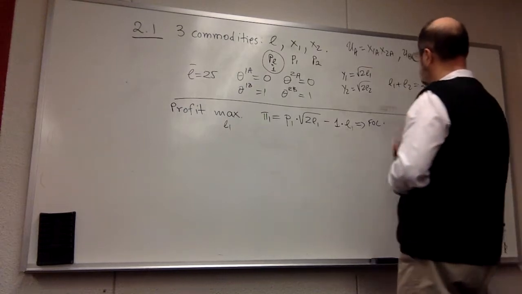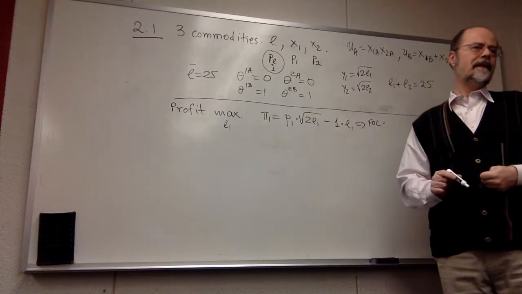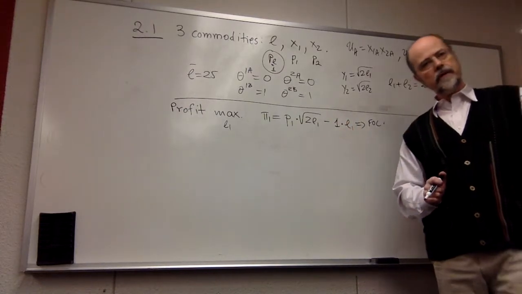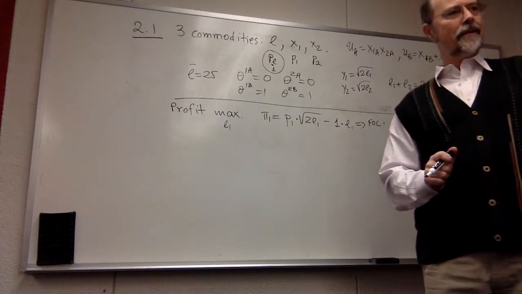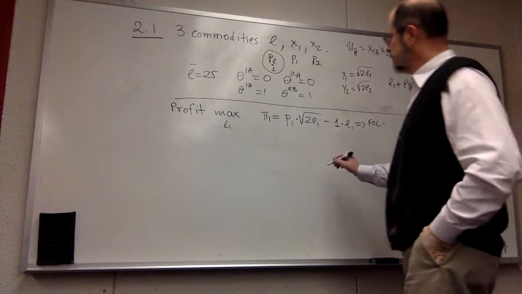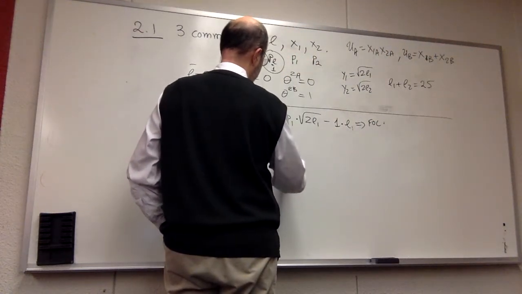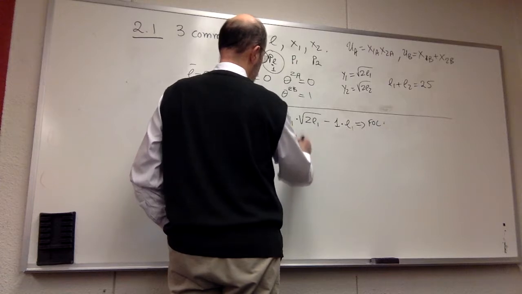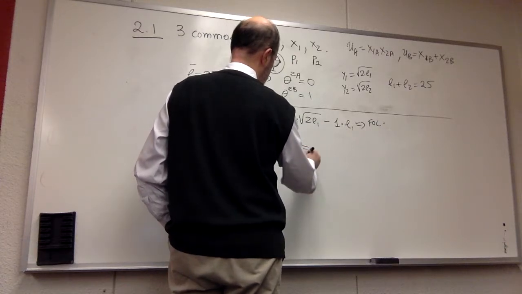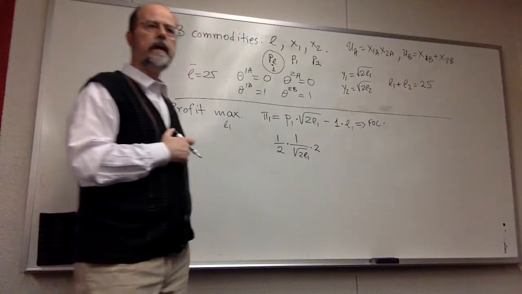The first order condition: now you see why the 2 isn't there, because the square root gives you 1/2. The derivative of this is 1/2 times 1 over the square root of 2L1 times 2, the derivative of the inner function.